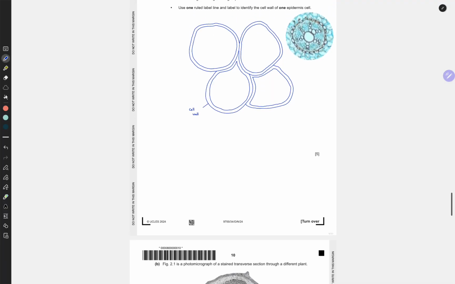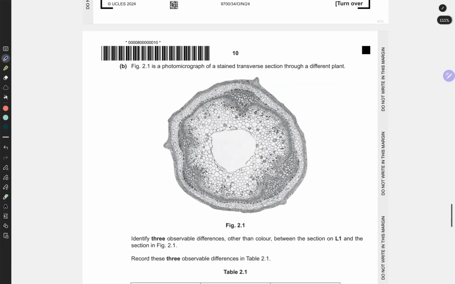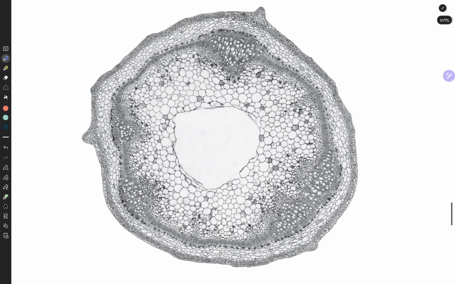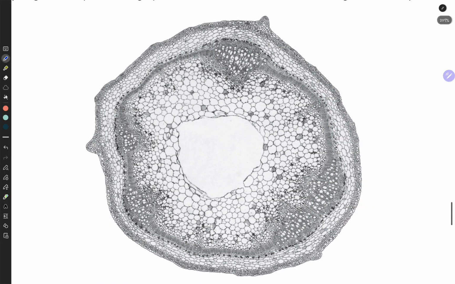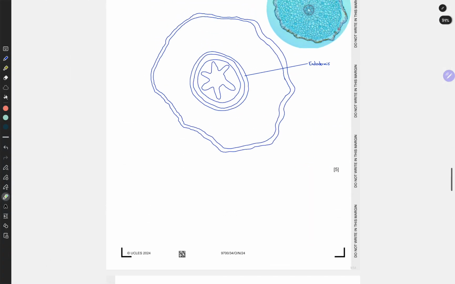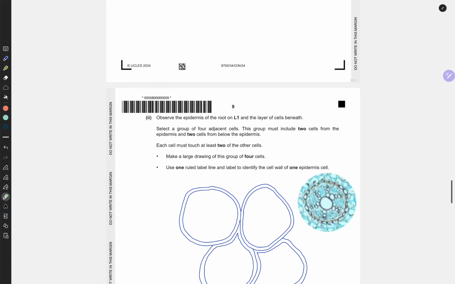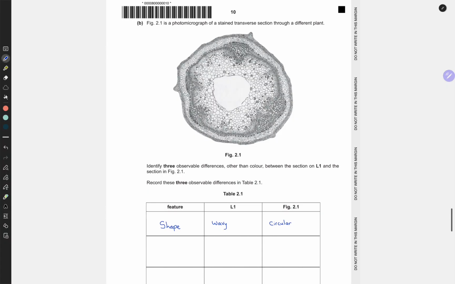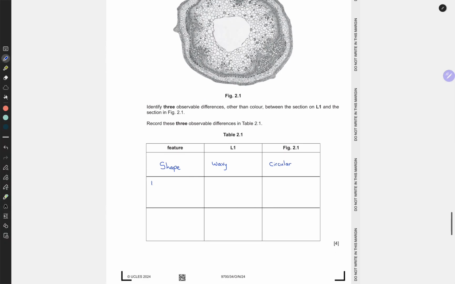Then for the vascular bundle, in L1 the vascular bundles are not in the middle. They are scattered around, but in figure 2.1 the vascular bundle is right in the middle.